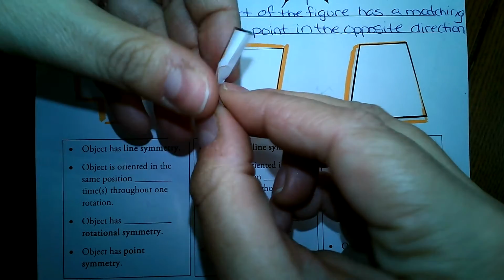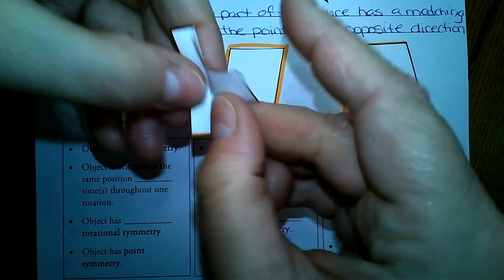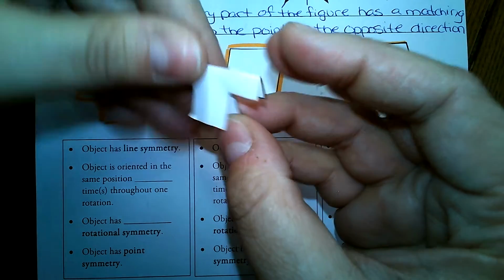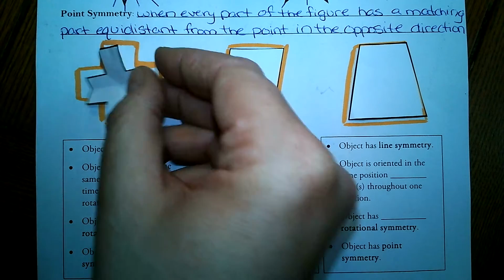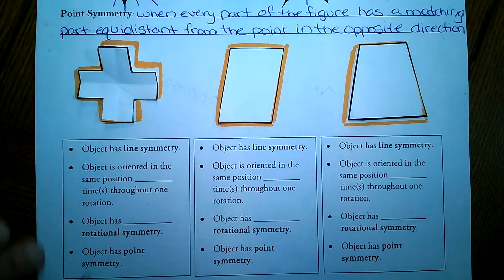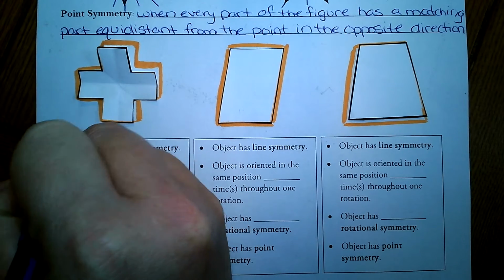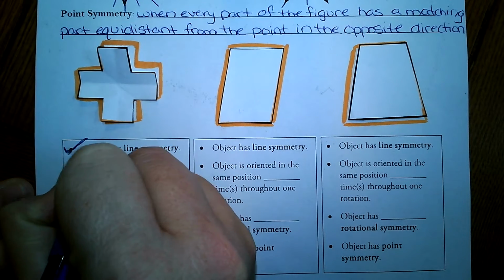So I'm up to 4, I believe I'm up to 4 lines of symmetry. All right, so this image absolutely has line symmetry. Just check that off. Check. Yes, it does have line symmetry. In fact, it has 4 lines of symmetry.